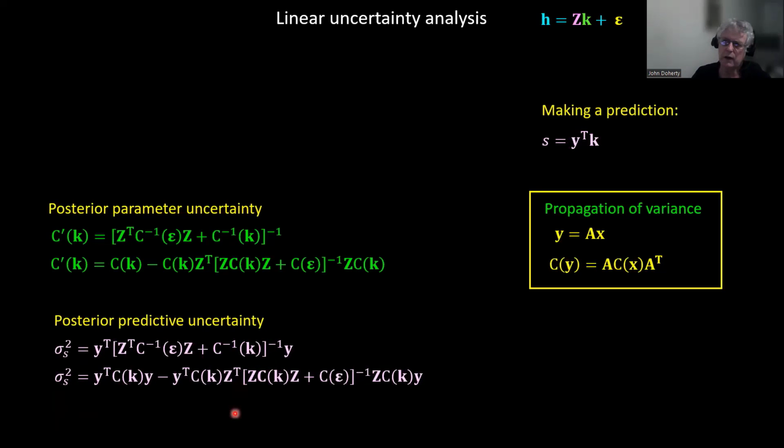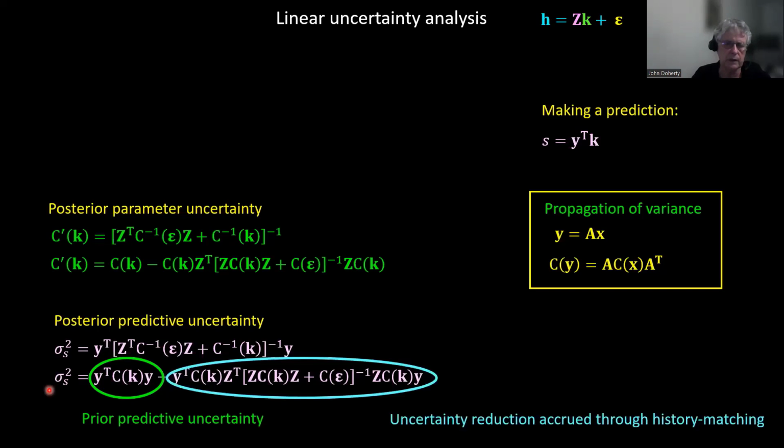They differ in the arrangement of the matrices. They differ in the size of the matrix that I've got to invert. This is the Schur complement representation, particularly instructive, prior uncertainty of a prediction, and how much the uncertainty of that prediction is reduced through history matching.